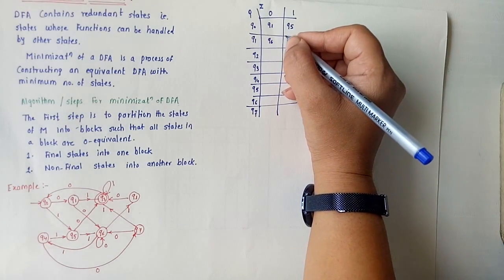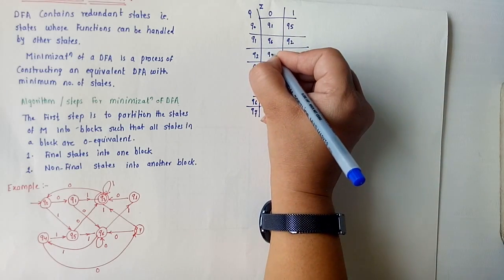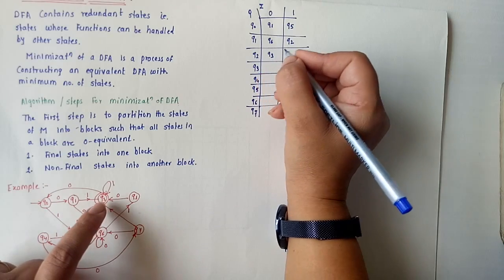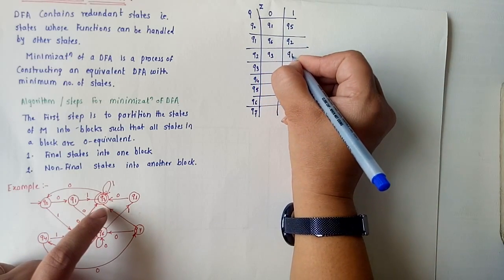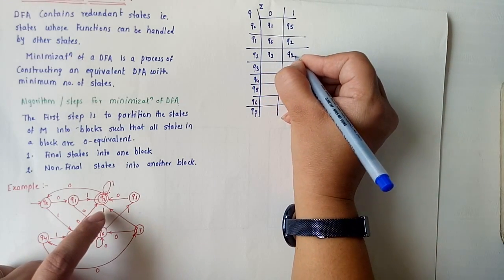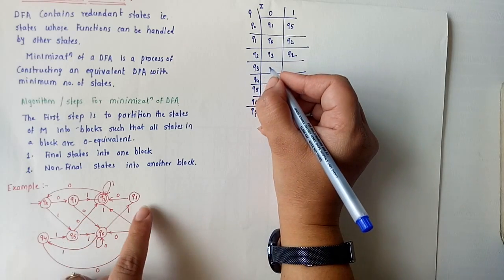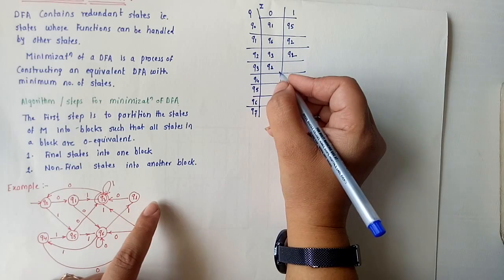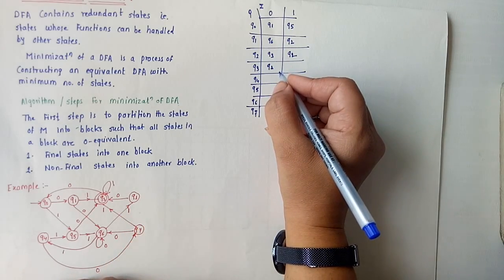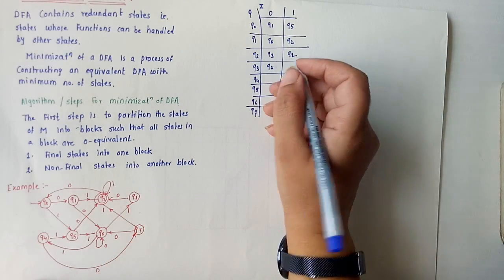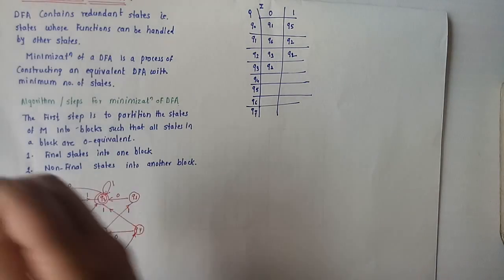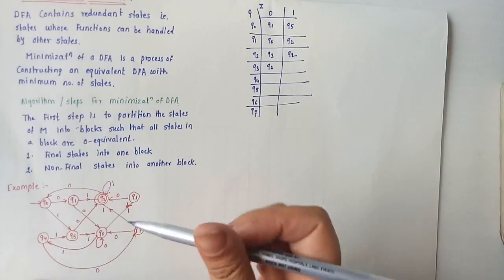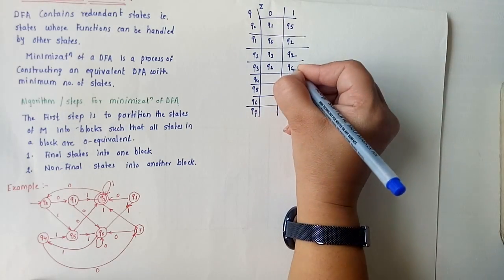Next state q3. q2 on 1 goes to the self state, q2. q3 on 0 goes to the q2 state, q3 on 1, there's some mistake, q3 on 1 goes to the q6 state.